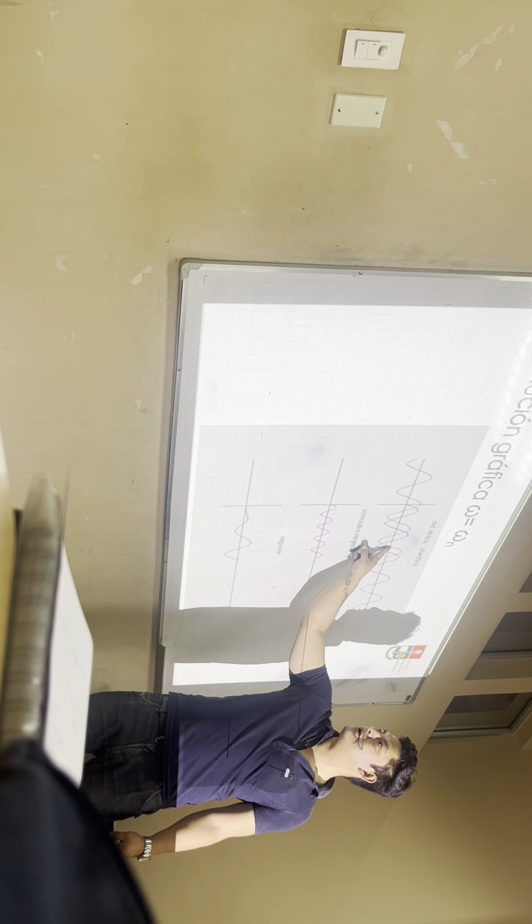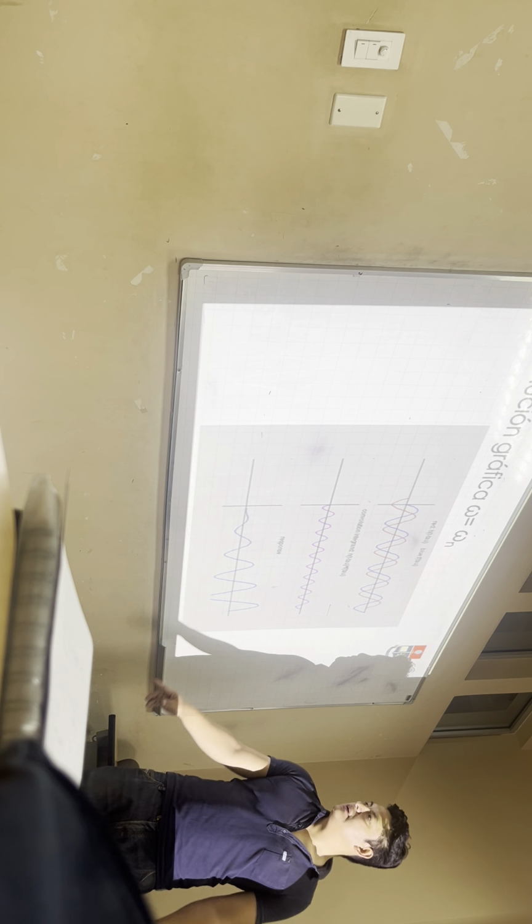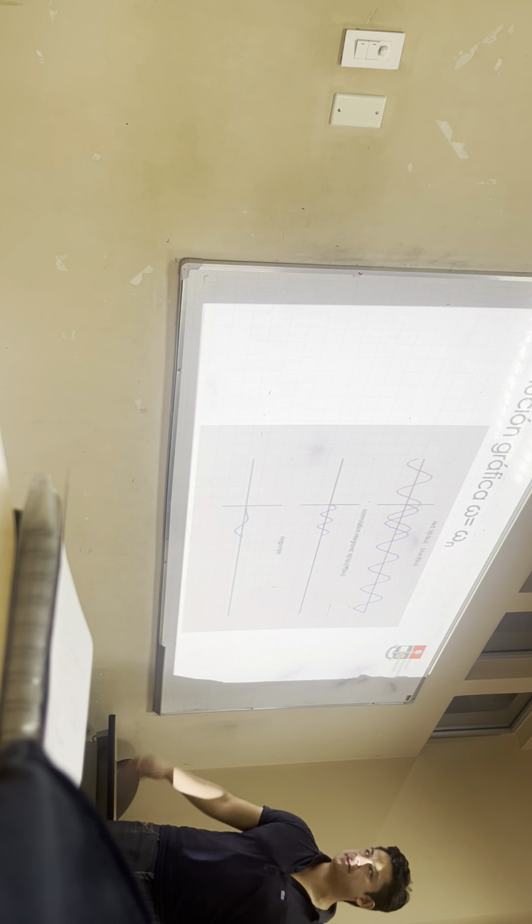For example, when the two of them overlap, for example here, the product is maximum. And you can see there are places where the product is going to be 0, right? For example, this time they become 0. This is the product of the function that's being created in the time domain.